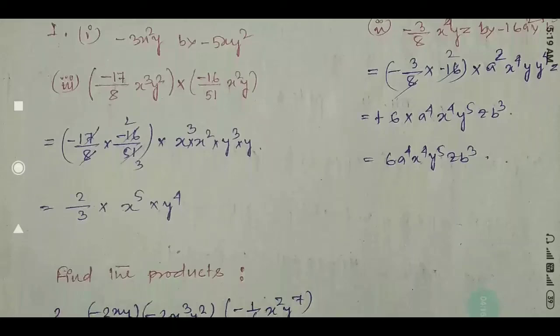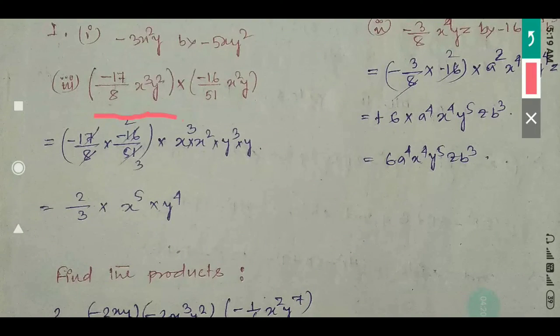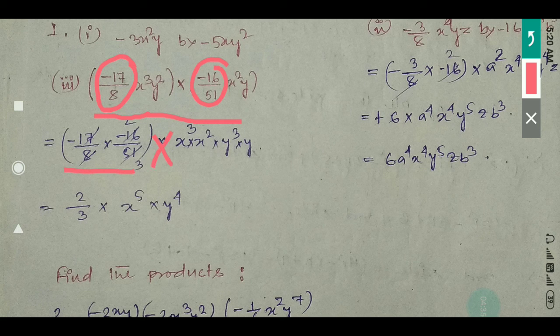Okay, next your number 3: minus 17 by 8 x cube y square into minus 16 by 51 x square y. First of all you have to multiply the constants. Then next factor is x cube; check whether any x factor is there.